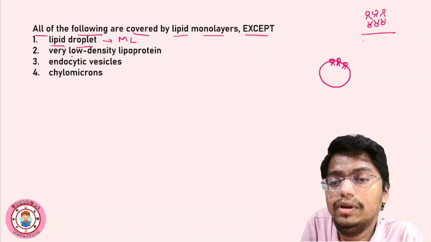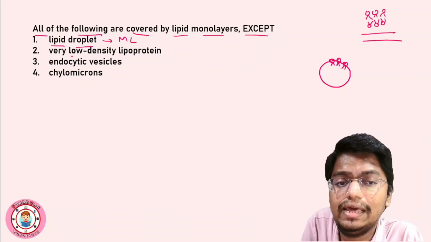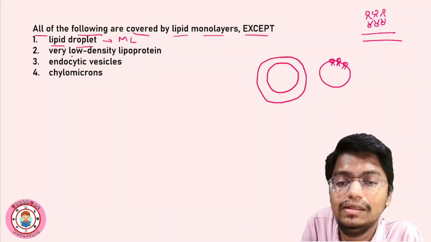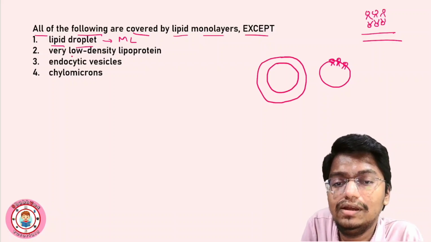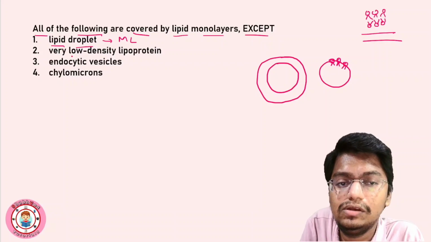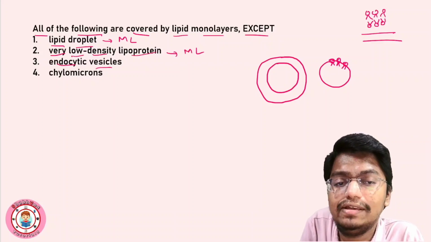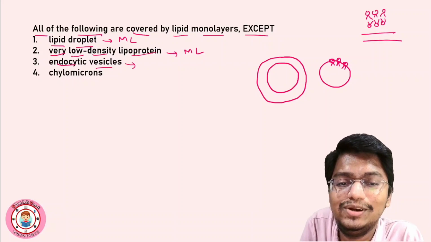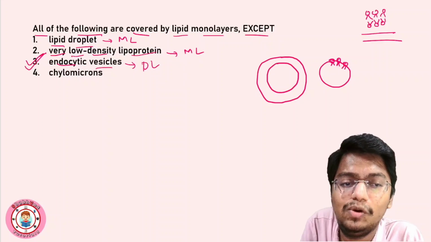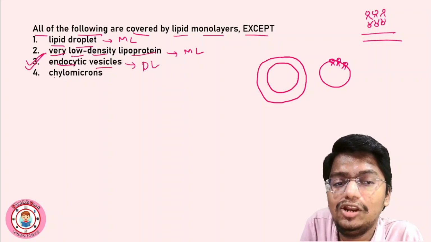So double membrane. We have seen the plasma membrane. And then that plasma membrane's double coiling, like this. Okay, this is a double layer. So in the lipid droplet there is VLDL, very low density lipoprotein, monolayer. Endocytic vesicle, double membrane. Okay, this is a double layer. There are three options, right? Chylomicron, again monolayer.